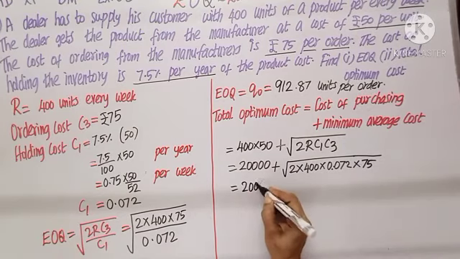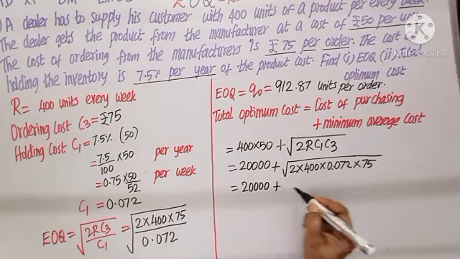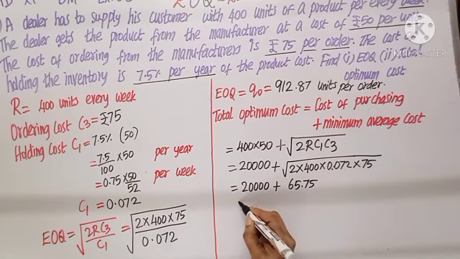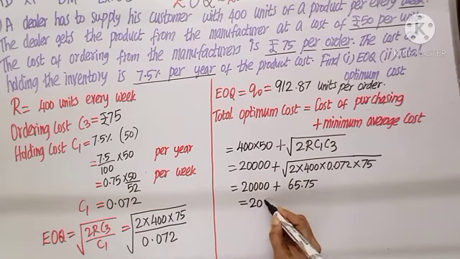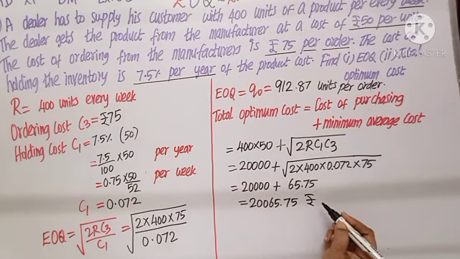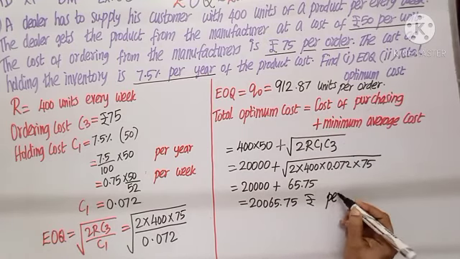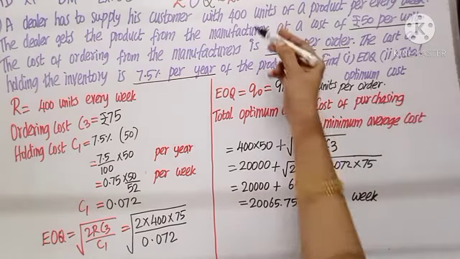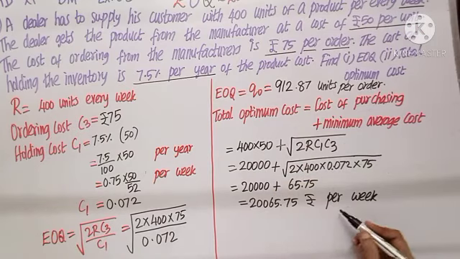Use a calculator and simplify the answer. It is 65.75 plus 20,000. So 20,065.75 rupees. And this is per week. We have calculated only weekly units. So this much is per week.